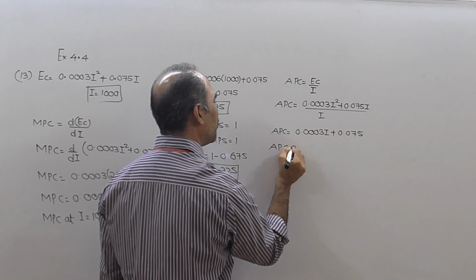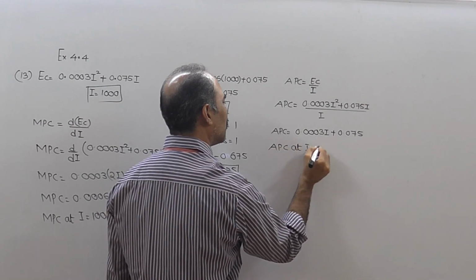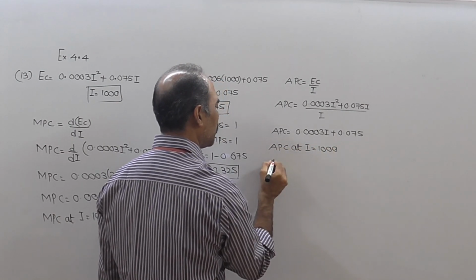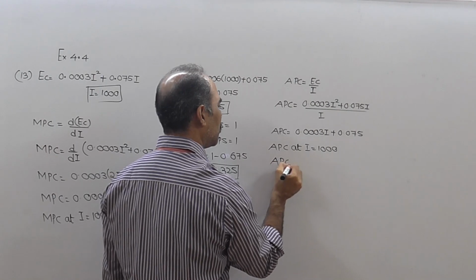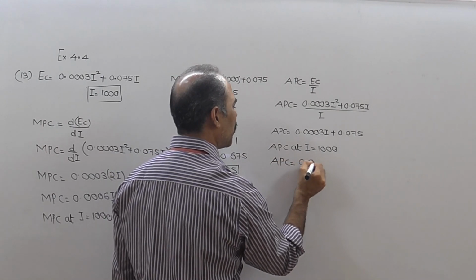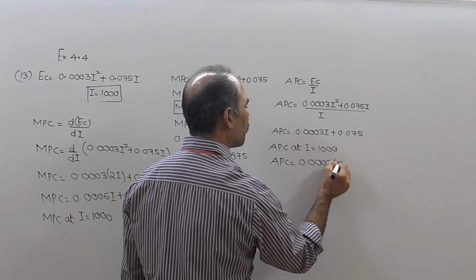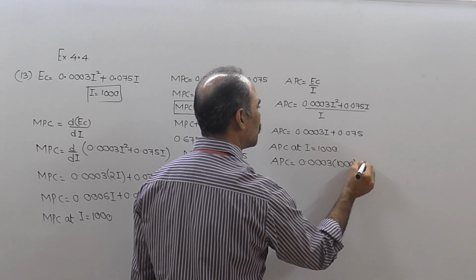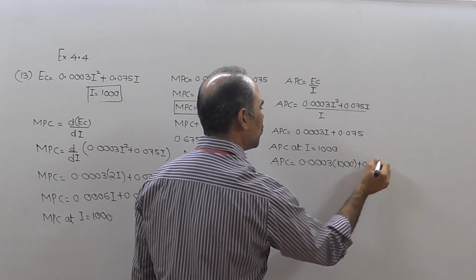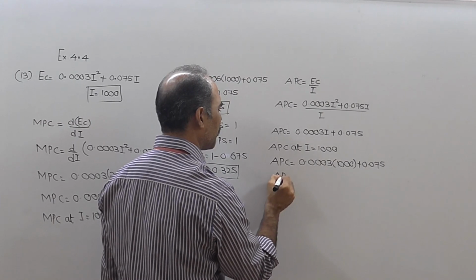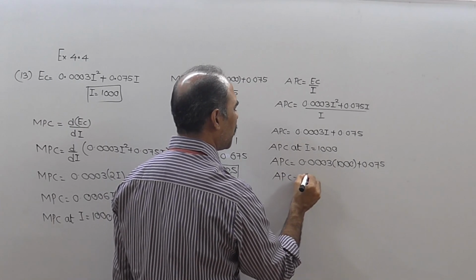Then you can have APC at I equal to 1000. So APC will be 0.0003 into 1000 plus 0.075.